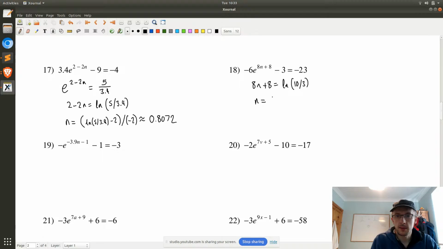So n is ln 10 over 3, take 8, all of that divided by 8. Which is negative 0.8495.